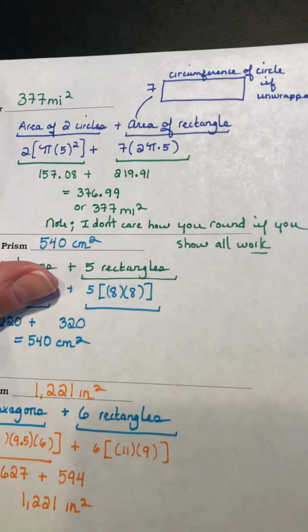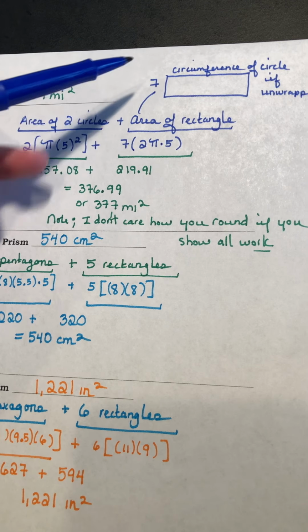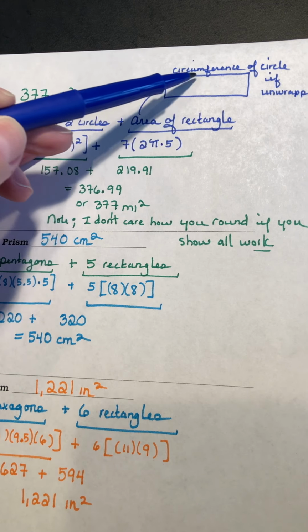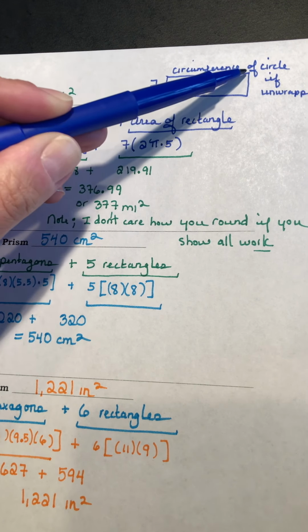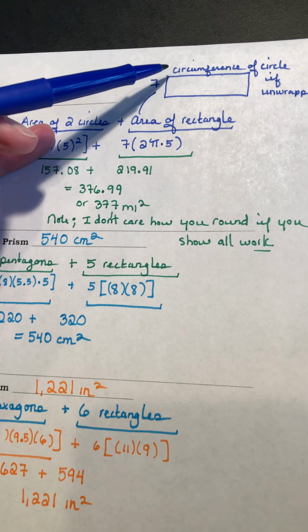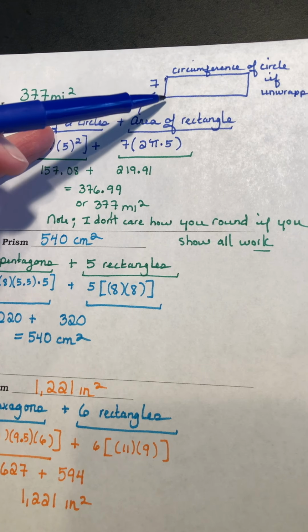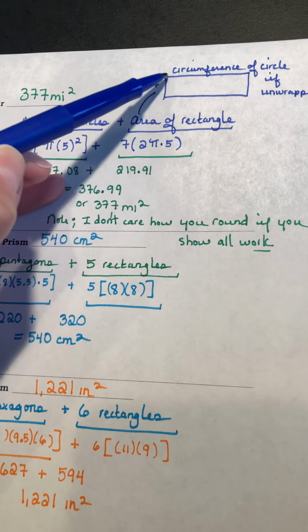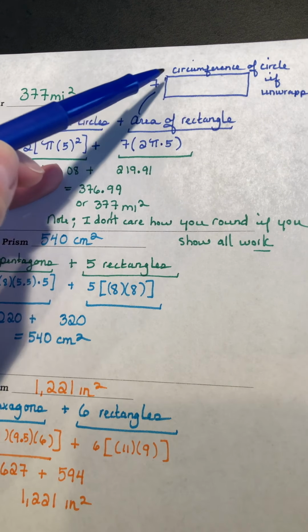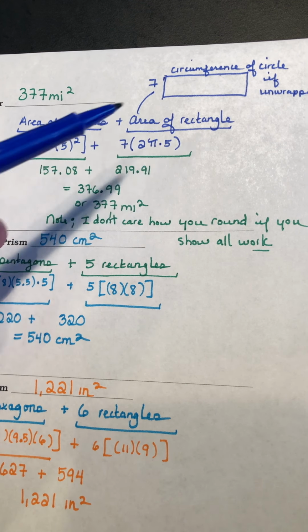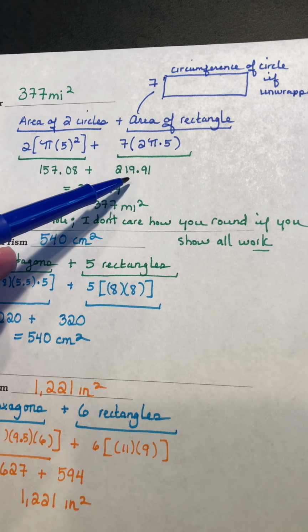So when I am calculating the area of this rectangle, this width, if you will, used to be wrapped around the circle. This is actually the circumference of the circle. So what I'm going to do is take the 7, right, times the circumference, because that is actually the width. Circumference is 2 pi times radius, and that's how I'm getting the 219.91.